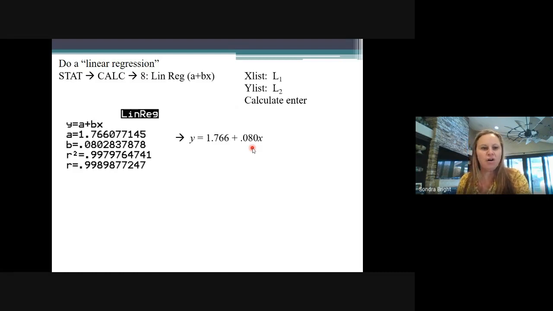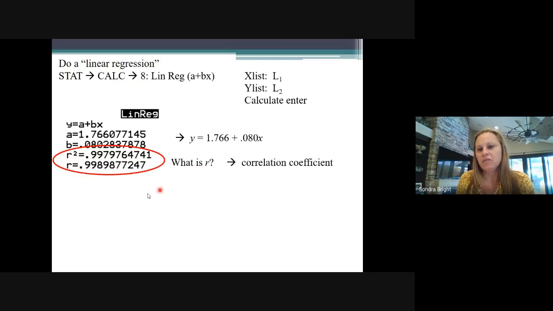All right, what is R? That's what shows up if you turned your diagnostics on; if not, this will not show up. So hopefully you followed my directions on turning the diagnostics on right from the beginning. R is what we call the correlation coefficient.